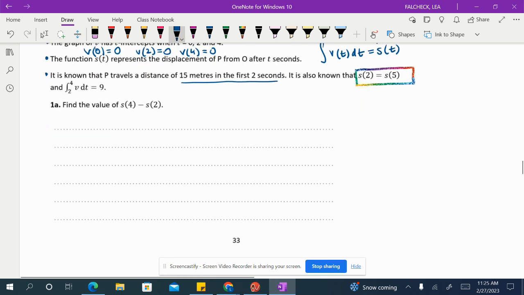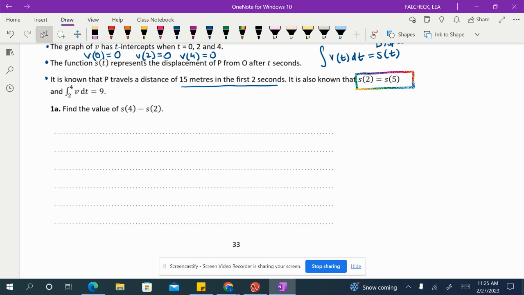So what we want to do here is find the value of s of 4 minus s of 2. If we are given that the integral of the velocity function is equal to s of t, we should know that if we put in bounds of 4 and 2 when we integrate this velocity function, we should get s of 4 minus s of 2.